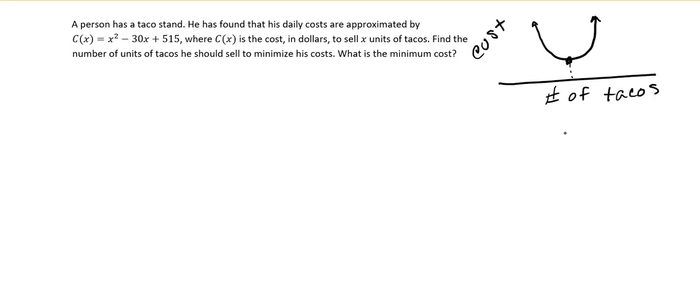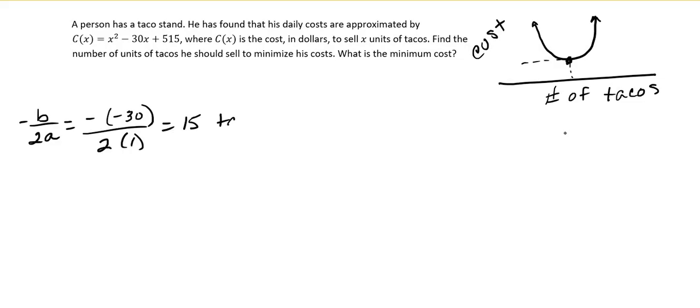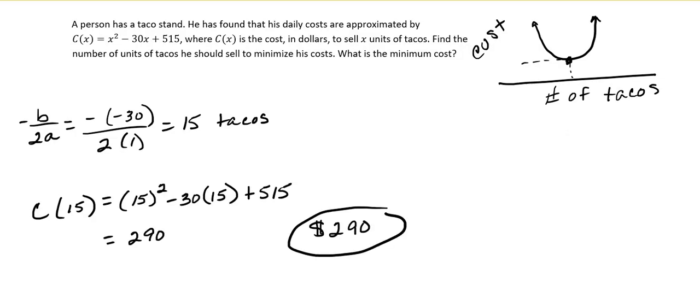So first of all, I need to know the number of tacos that would give me the minimum cost. So I'm going to do negative b over 2a. So I get 15 tacos. And then I put 15 back into my equation. So I'm going to get $290.